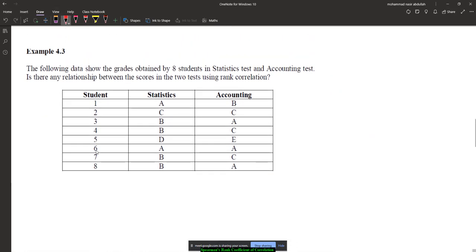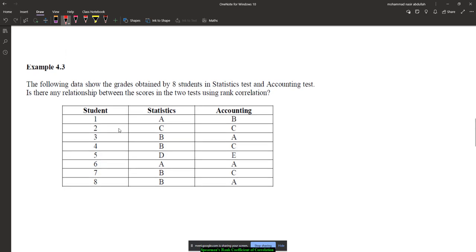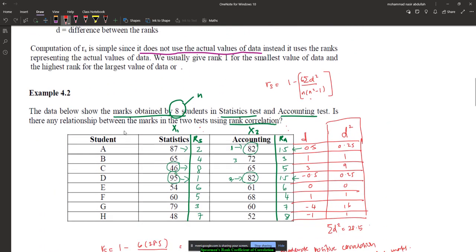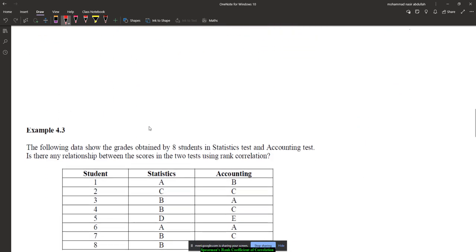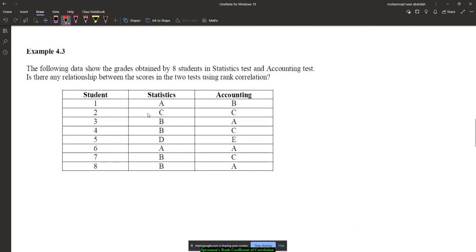So in this example, we have two categorical variables. It's a qualitative variable, compared to example number 4.2, where we have a quantitative variable. For example number 4.3, we have a qualitative variable, and this is an ordinal scale for statistics and accounting, right?